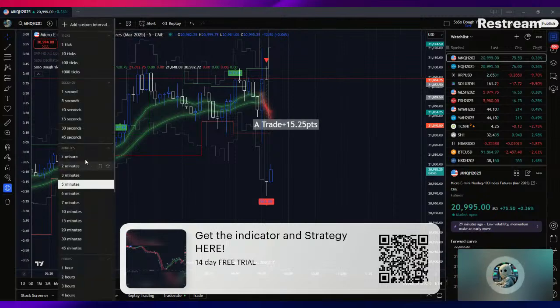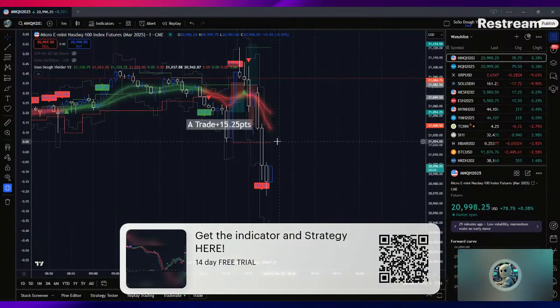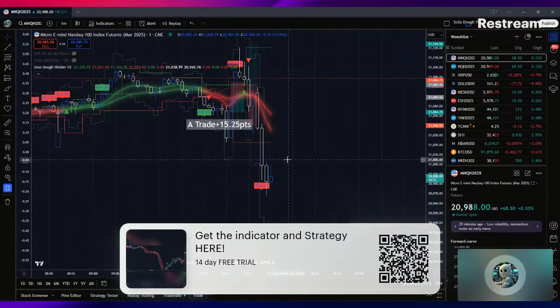All right, go back to the 1 minute. I've got the trade sitting at 21.23. That's a big move down. I'm hoping we can get back up there.